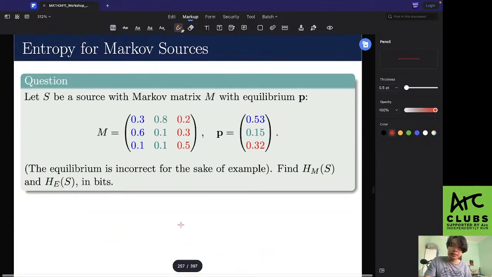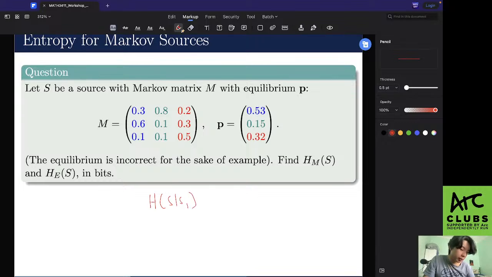So let's actually quickly calculate the entropy of this Markov source. The Markov source isn't actually correct in this case, but we just use this example as a way to show you how we might be able to calculate the Markov entropy and the equilibrium, given that we just received S1, H of S given that we received S2, and H of S given that we received S3.